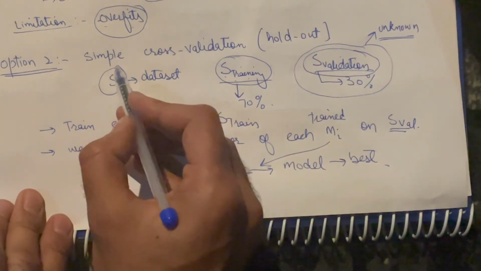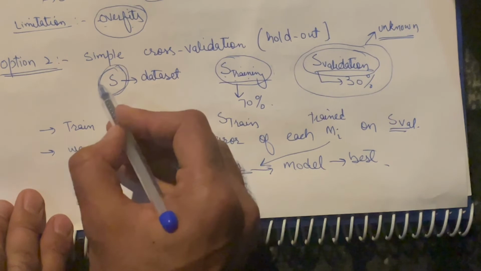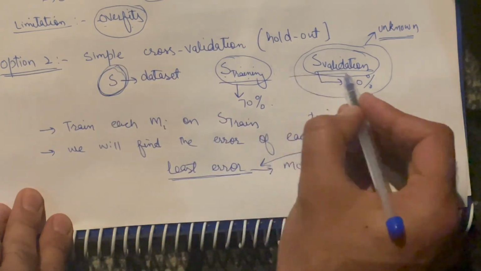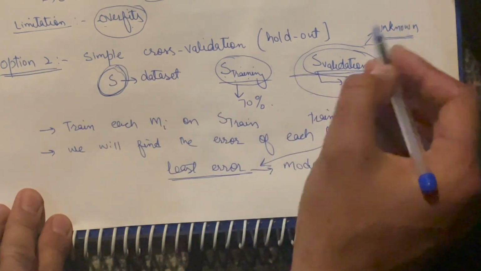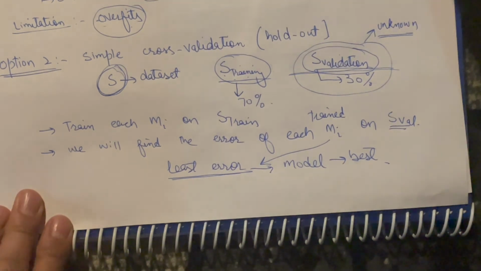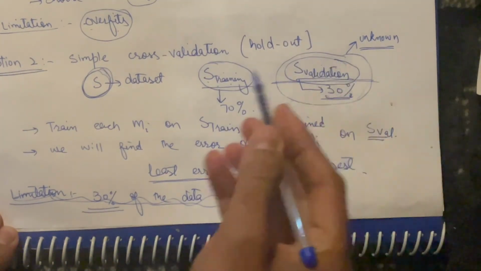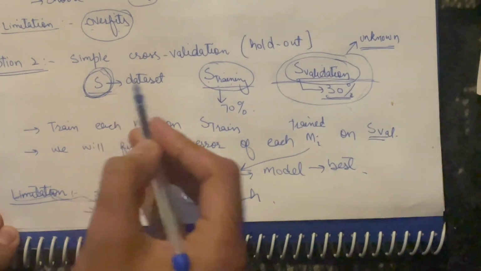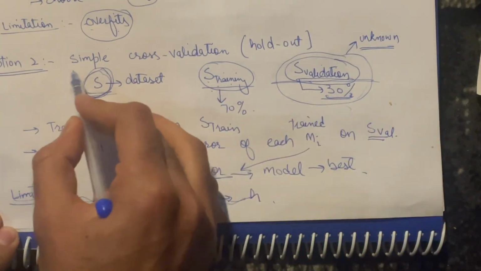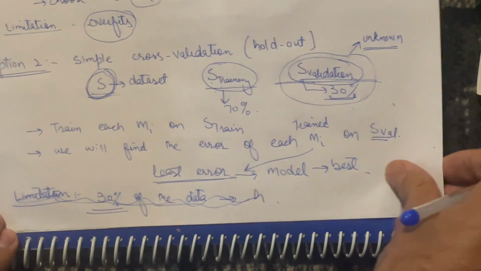Holdout means that some portion from this data set is not used for training, this is only used for validation. So holding out this 30% of data from the actual data set is the limitation of this particular option as well. So how is it a limitation?